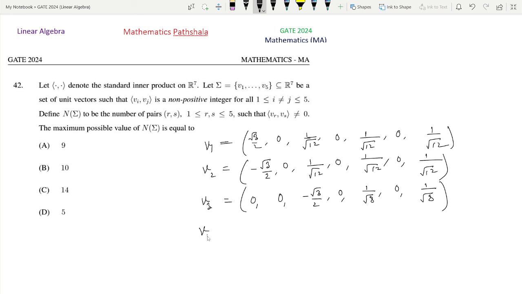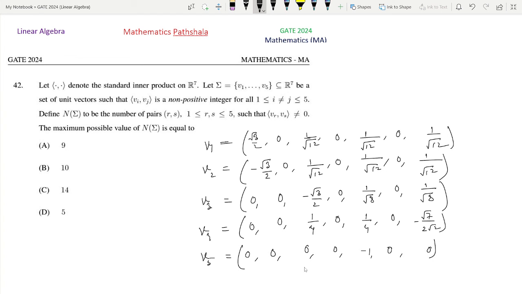Then we write V4 equal to (0, 0, 1 by 4, 0, 1 by 4, 0, minus root 7 by 2 root 2), and then V5 is (0, 0, 0, 0, minus 1, 0, 0).